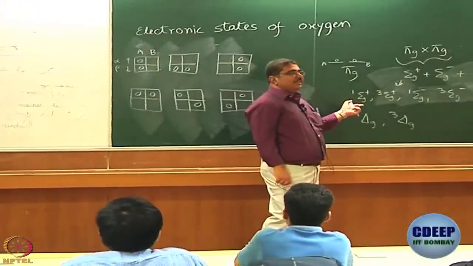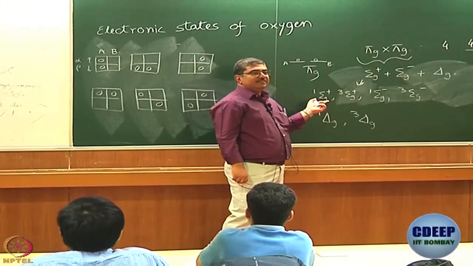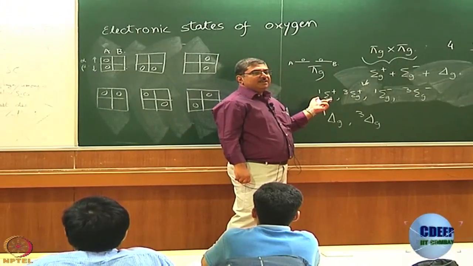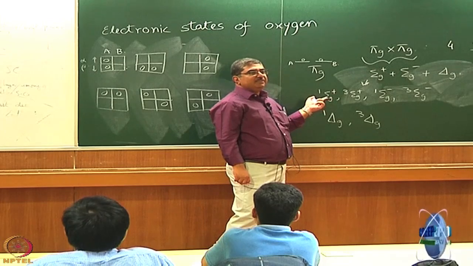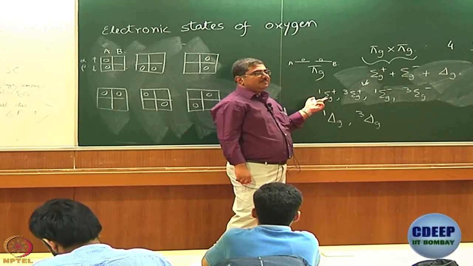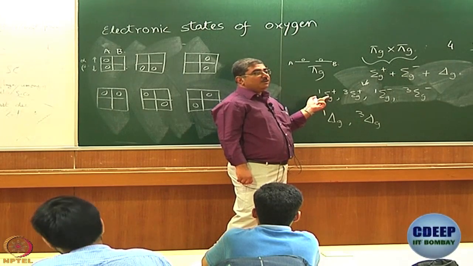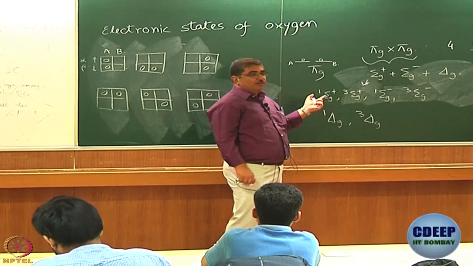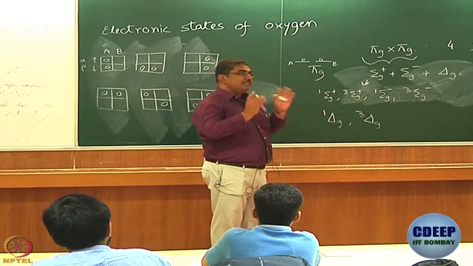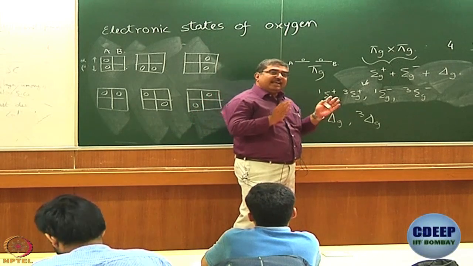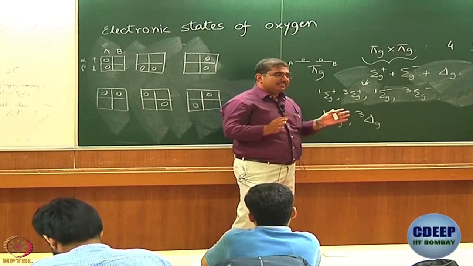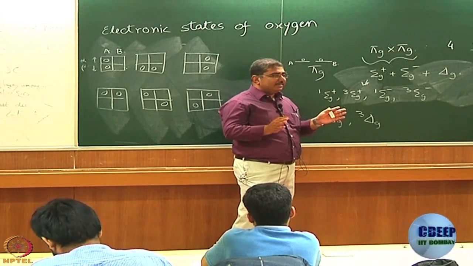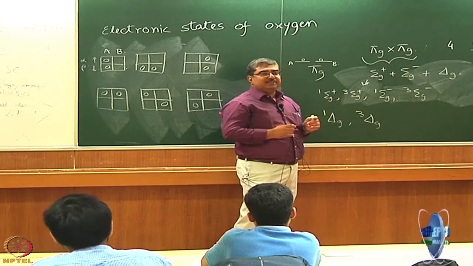How do I eliminate? Any guess? Pauli principle, what is Pauli principle? The overall wave function, total wave function means space part multiplied by spin part has to be antisymmetric with respect to exchange, right? Total wave function has to be antisymmetric.